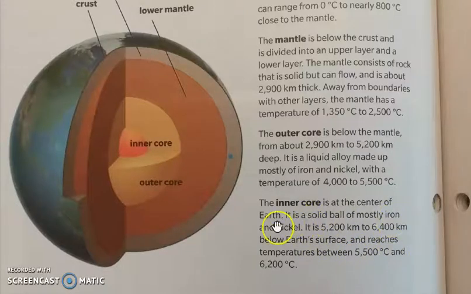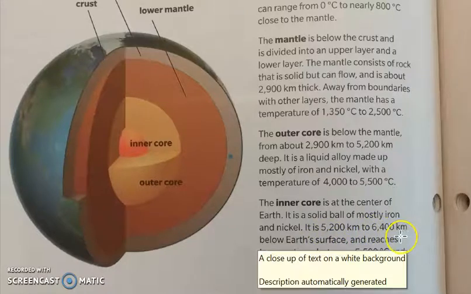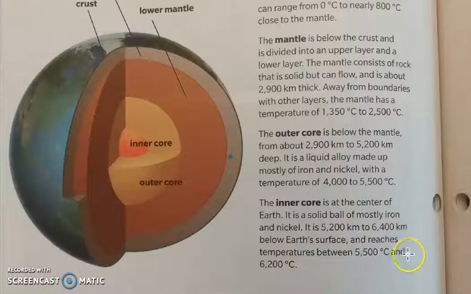It is 5,200 kilometers to 6,400 kilometers below Earth's surface and reaches temperatures between 5,500 degrees Celsius and 6,200 degrees Celsius. This is really, really hot, okay? Normally, these metals would have melted when they're this hot, but because there's so much pressure being put on this middle part, it keeps it solid.